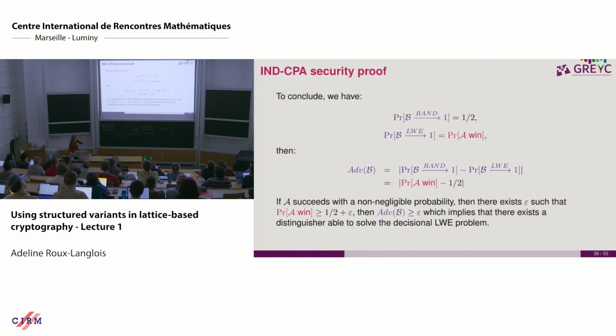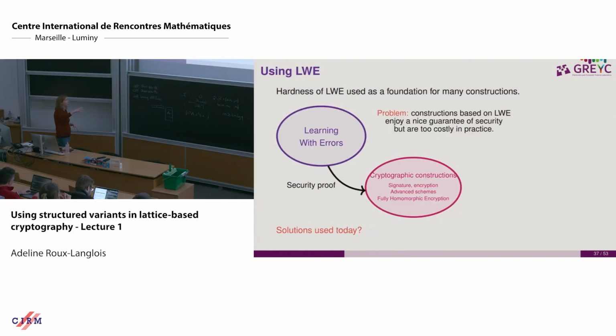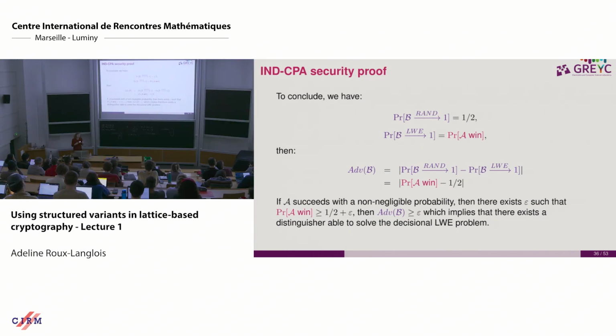So now I have my full picture from the beginning: a link between the hard lattice problems and LWE, and a link between LWE and my construction using the security proof. That's very nice, and in cryptography it gives you really strong confidence that this encryption scheme is secure and that it's a good idea to use it.